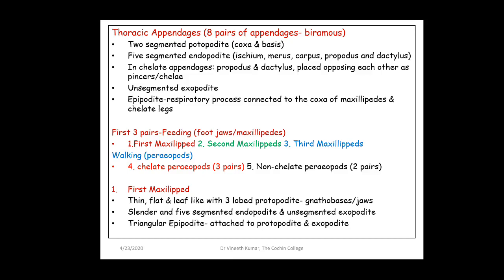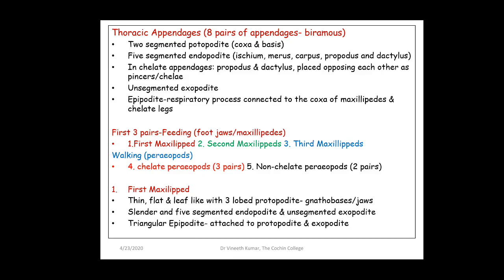We will move on to the first maxilliped. The first maxilliped is thin and flat. It has a 3-lobed protopodite, and hence it is a gnathobase, or it forms the jaws. It has a slender 5-segmented endopodite and an unsegmented exopodite.